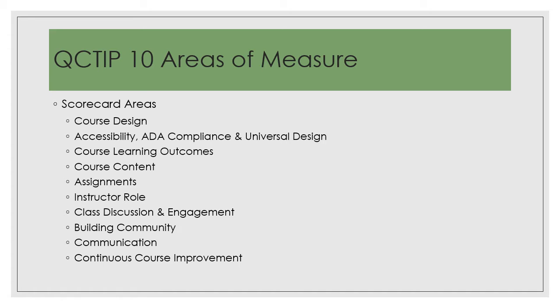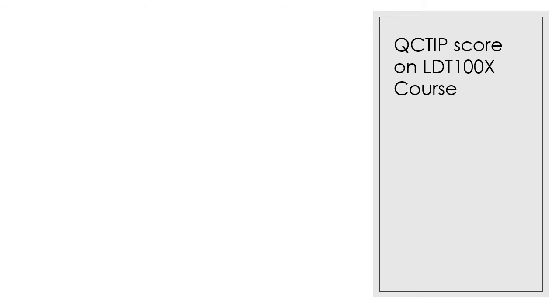The scorecard measures the following 10 areas: course design, accessibility, ADA compliance, and universal design, course learning outcomes, course content, assignments, instructor role, class discussion and engagement, building community, communication, and continuous course improvement.